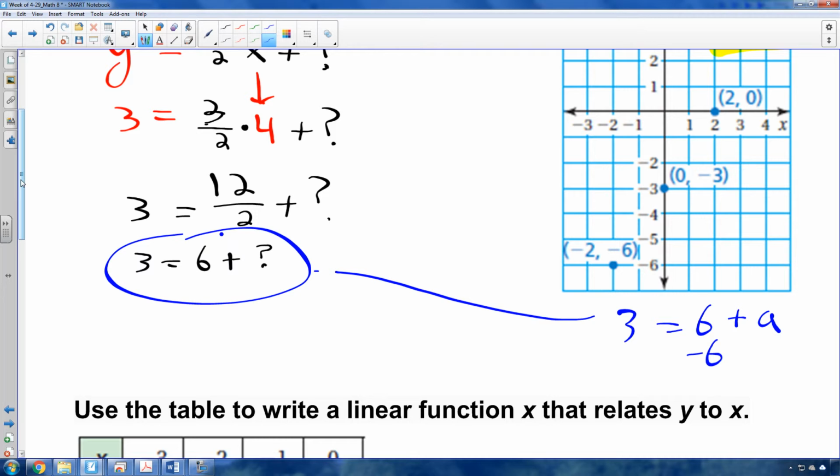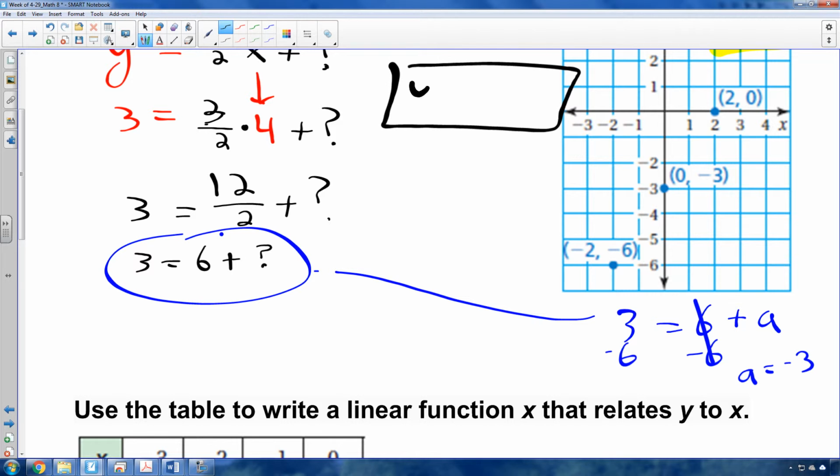So if we subtract 6 on both sides, we'll get a is equal to negative 3. And we'll find that our number at the end of our equation is negative 3. So that whole time we really want the equation to be the following. Here's our answer. y equals 3 over 2x minus 3, or plus negative 3. This is our answer, okay?